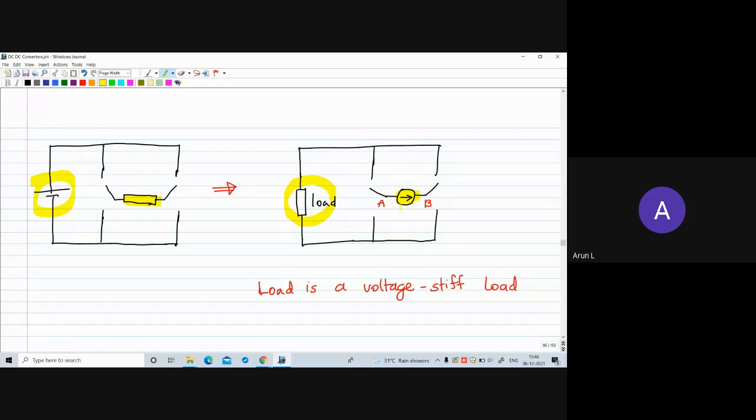So we have interchanged the positions. The load can be a stiff voltage load. The load demands a stiff voltage, so to show that, we can put a capacitance across it. The load voltage will be practically constant if this capacitance value is sufficiently large.